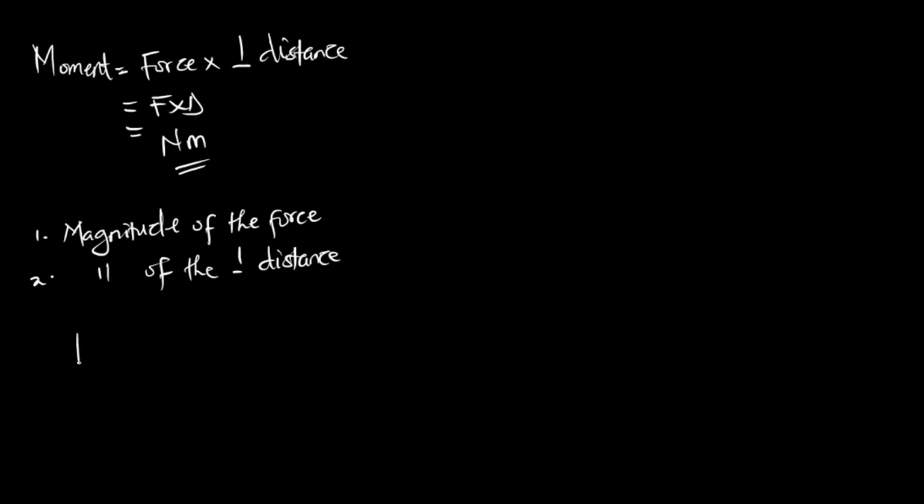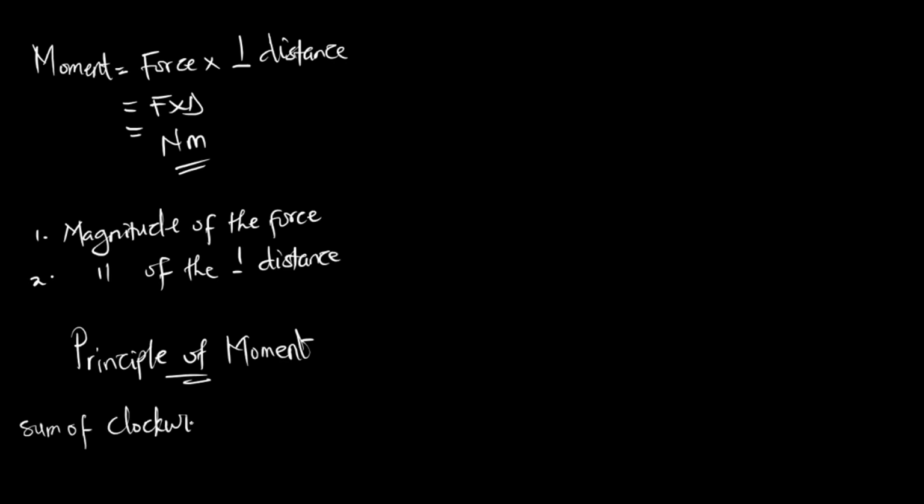Now let's look at what the principle of moment says. To summarize the principle of moment, all that it says is that when we have a beam on a pivot and it is in equilibrium, the sum of the clockwise moments should be equal to the sum of the anti-clockwise moments.